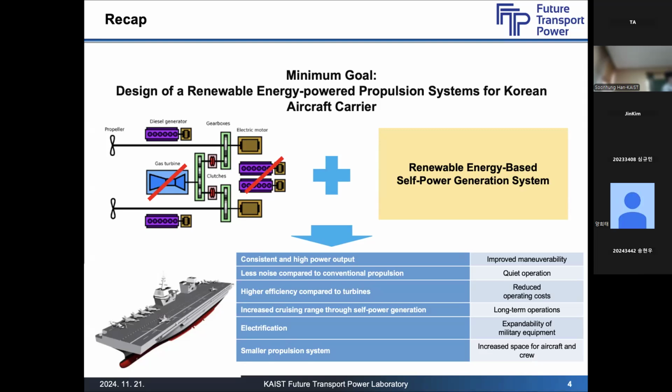And about the required energy calculation, you may not have enough time to calculate the power requirement. So my suggestion is you try to find out the engine size of the Indian ship. The horsepower of the Indian ship engine size.